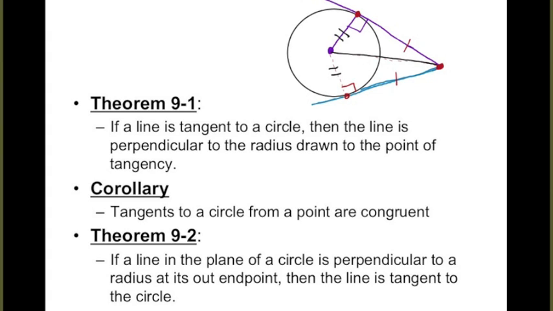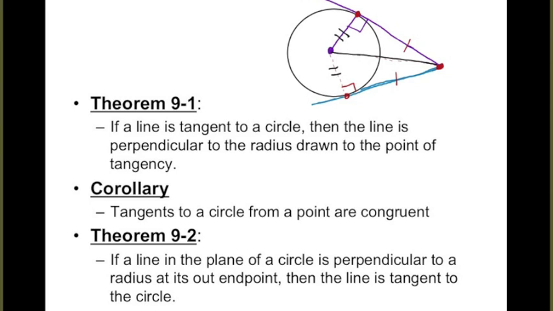We have a right angle, so we would end up getting a hypotenuse-leg congruence, and then that other one would have to be congruent. I don't think I would call that a corollary. That seems like too many steps to be a corollary. It seems like more of a theorem, but it doesn't really matter, I suppose. The important thing is that you know that if I have two tangents to a circle that meet each other, those lengths are congruent.